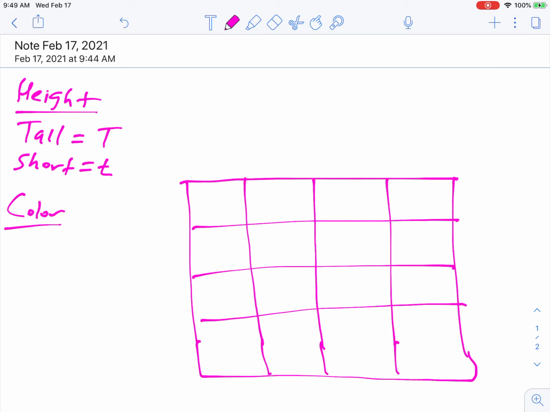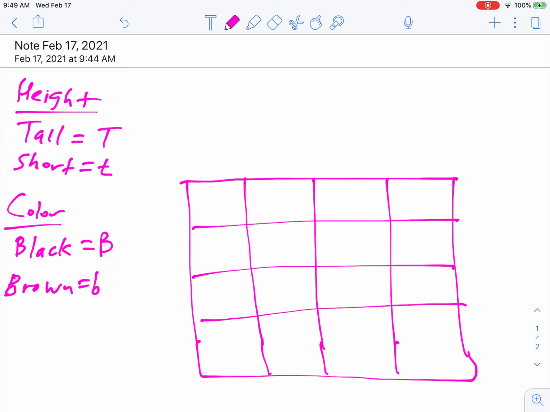It's good to pick a letter of the alphabet that has an uppercase and a lowercase letter that look pretty different. One other trick though is if you pick something like an S, you could do a cursive S for the lowercase, and that's a way to tell them apart. But anyways, for color, I'll go with black and brown, and I'm going to say that black is dominant, and I'm going to pretend that brown is recessive.